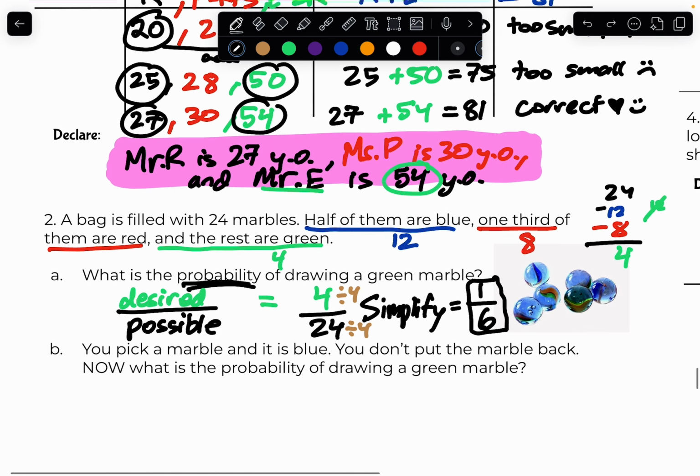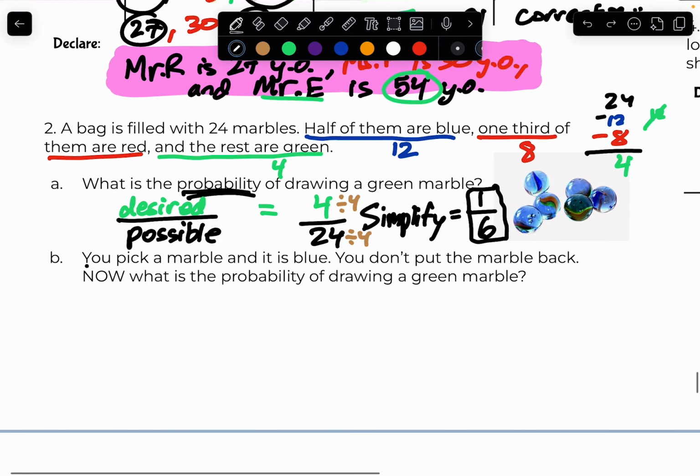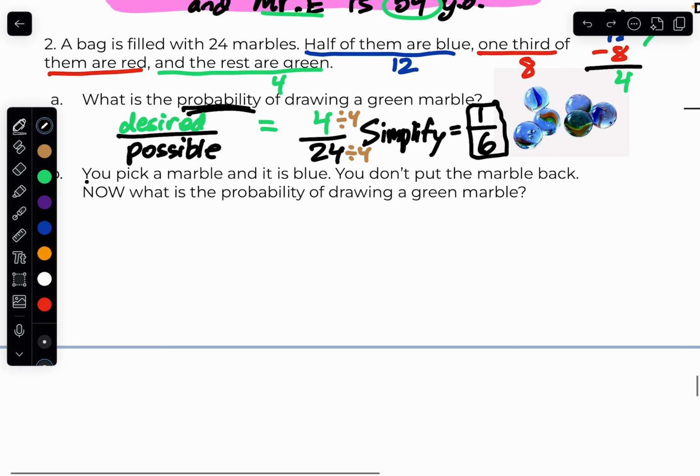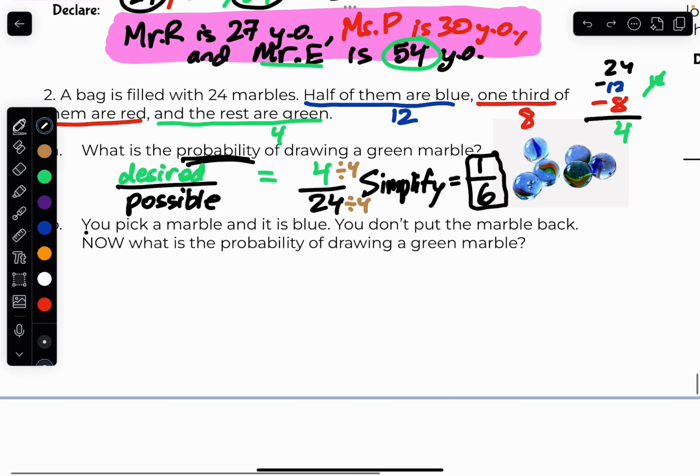All right, this is the part where it gets a little bit tougher, okay? We're on letter B here, so let's read letter B. Letter B says, you pick a marble and it's blue. Okay.